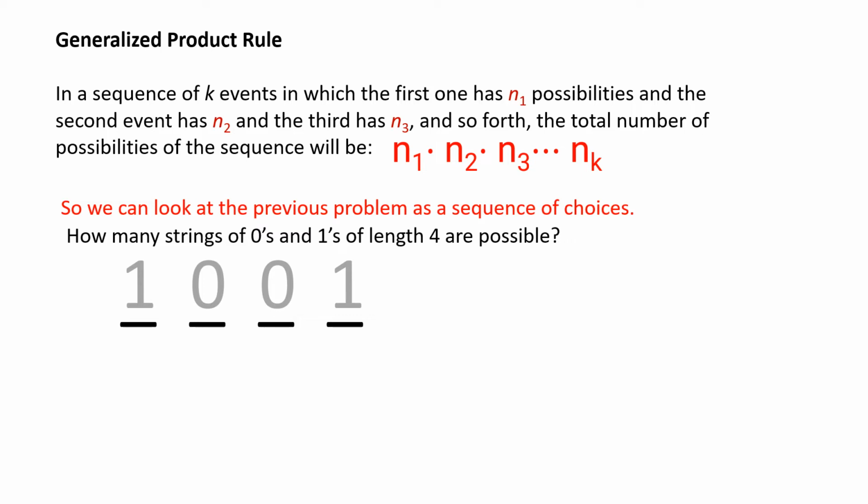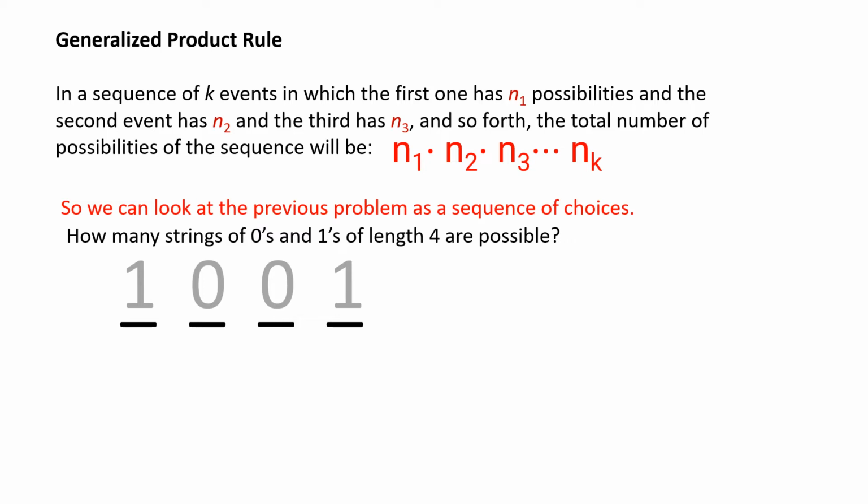In a sequence of k events in which the first event has n sub 1 possibilities, and the second event has n sub 2 possibilities, and the third has n sub 3, and so on, the total number of possibilities of the sequence will be n sub 1 times n sub 2 times n sub 3 all the way up to n sub k.